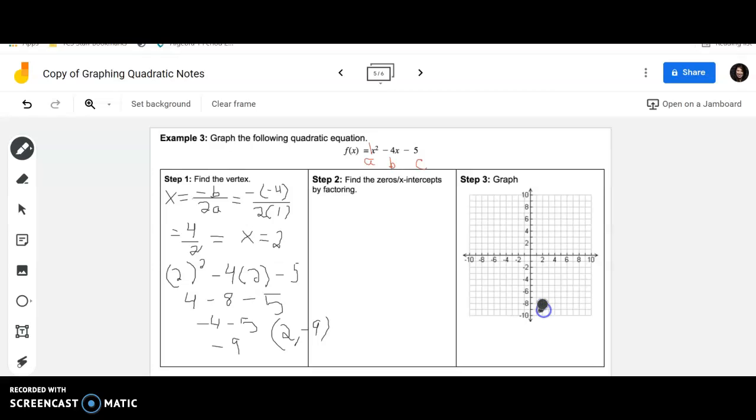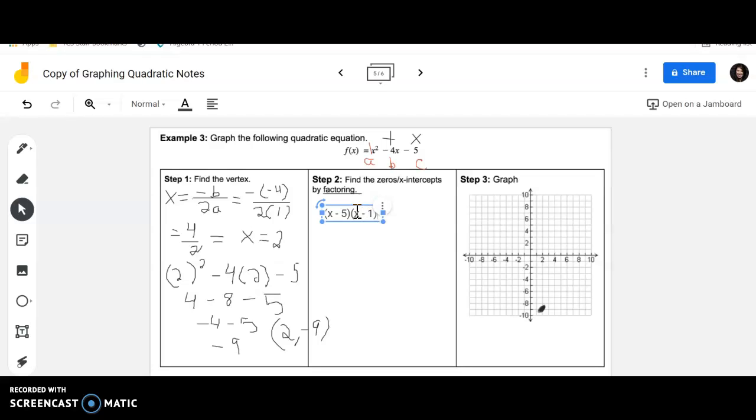And then this one has factors, so let's try this by factoring. We can do this by factoring, because we need to find two numbers that multiply to get you negative 5 and add to be negative 4. So sometimes you can do this by factoring. Well, it's going to be negative 5 and 1.